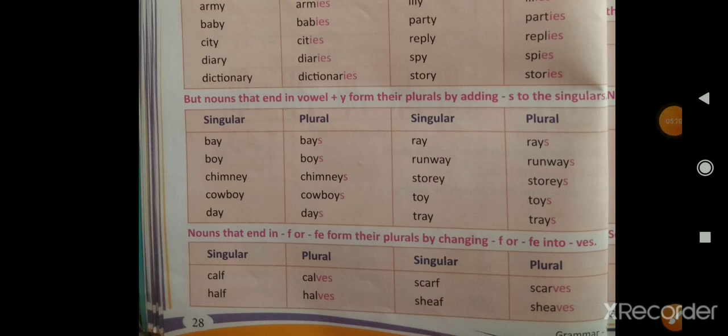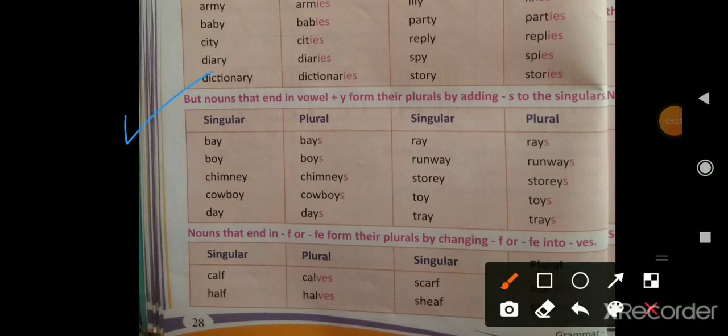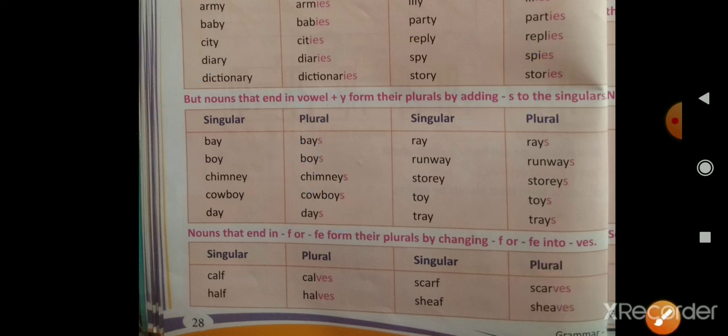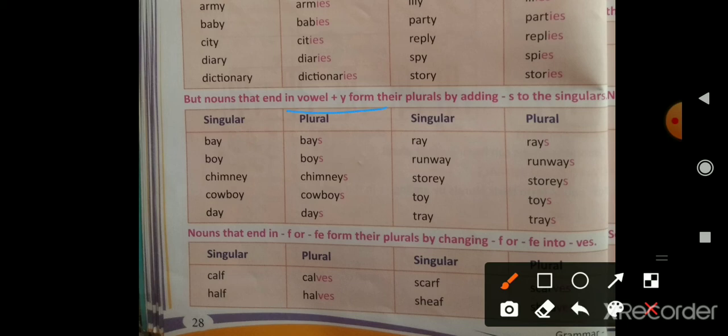Okay, now the next one is, but nouns that end in vowel plus y form their plurals by adding s to the singular. Students, in the previous way we have read, if any word ends with y, we will simply drop y and we will add ies. Okay, but here, if it is vowel plus y, means before y a vowel is given, then we will add only s to make it plural.